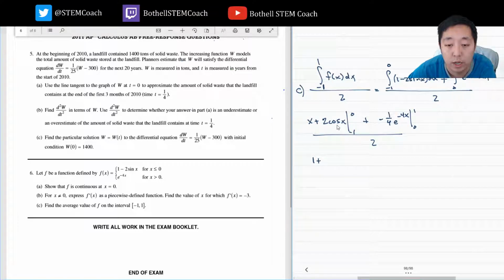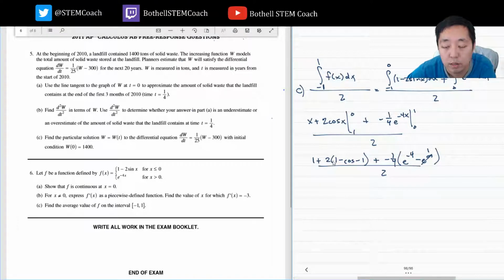Cosine of 0 is 1, so that's 2 times 1, minus 2 cosine of negative 1. Plus minus 1/4 e to the minus 4 when I plug in 1, minus e to the 0, which is just 1. All of that over 2. So this is 1 plus 2, that's 3, minus 2 cosine of negative 1.